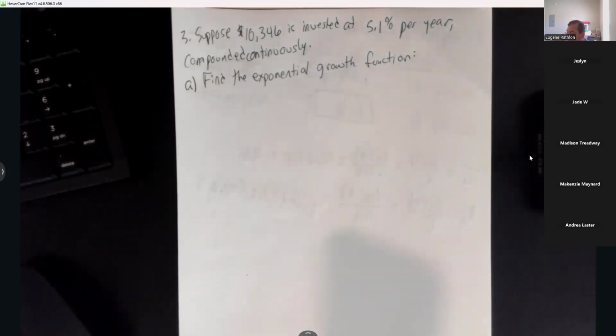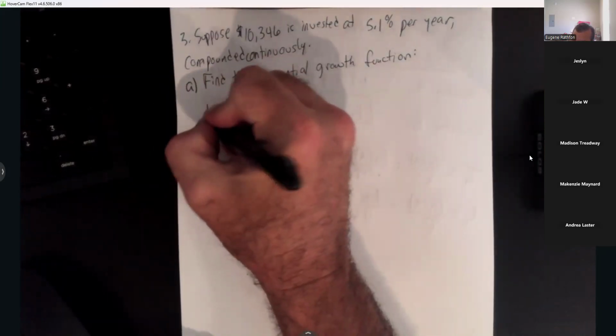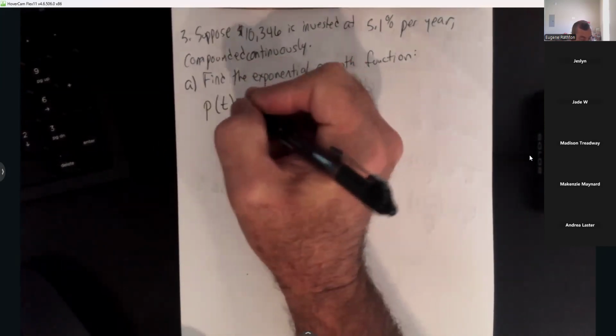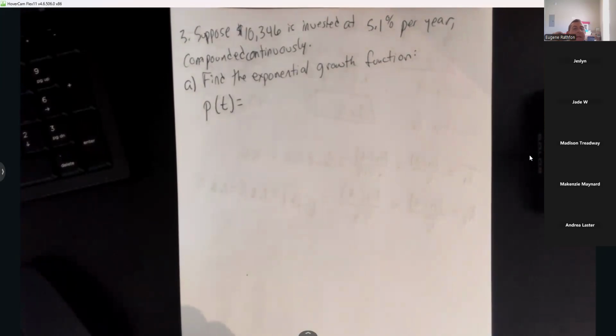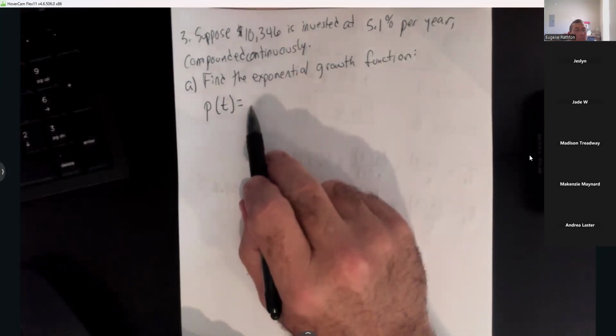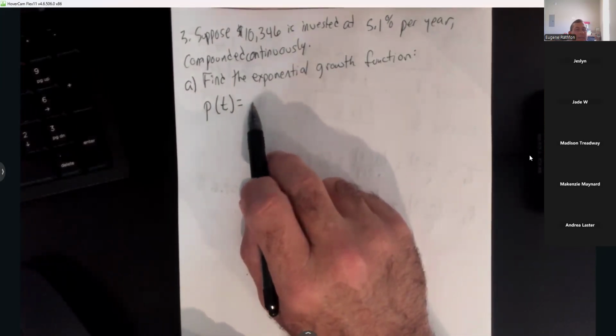So basically, the exponential growth function will be P of T equals. So what would I put here for P of 0? What is y'all's starting amount? Well, y'all, they gave that to us, right?